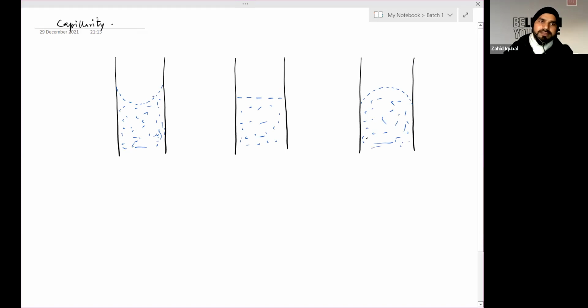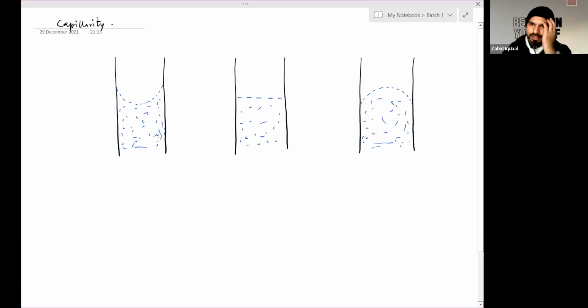So in the first part, the liquid will tend to increase its length in the upward direction, or you will say there will be upliftment of liquid in this particular tube. In the second part, there will be no change in its level, it will remain the same.